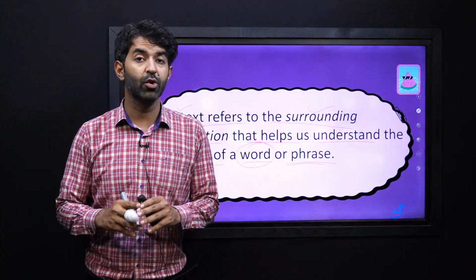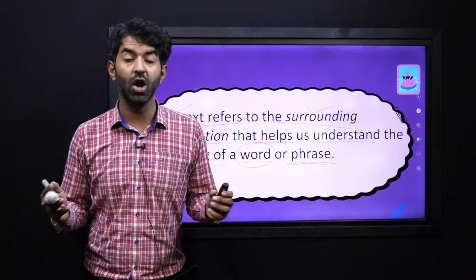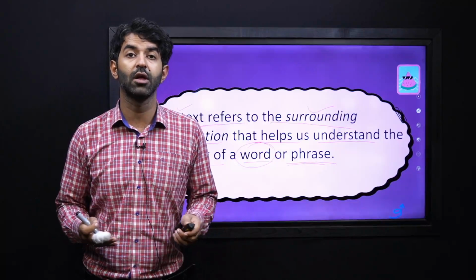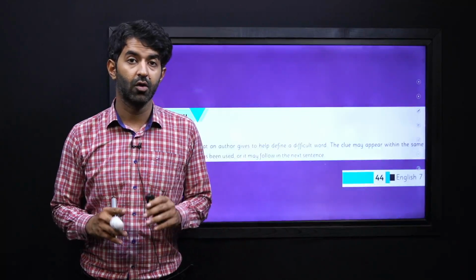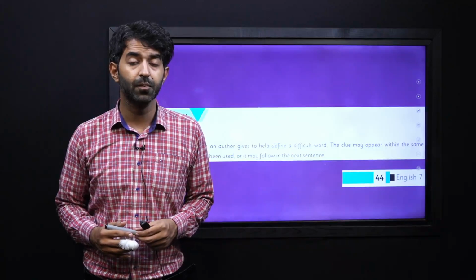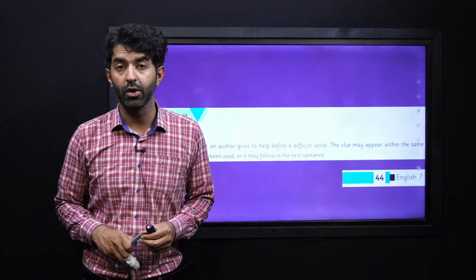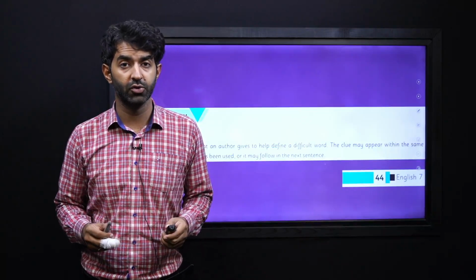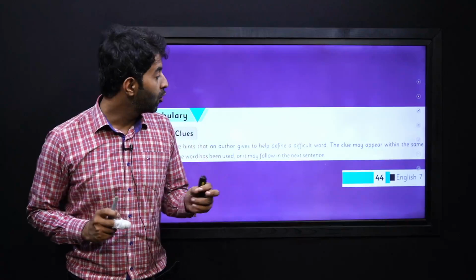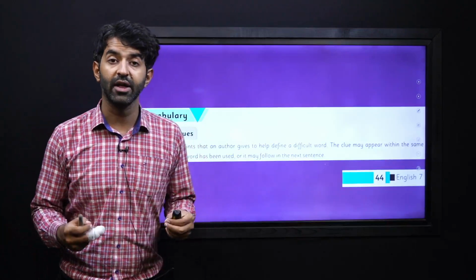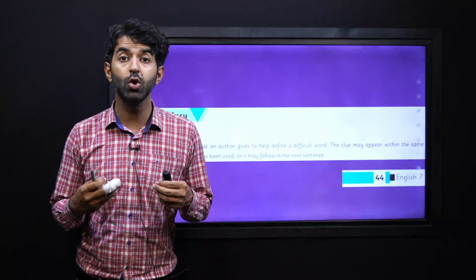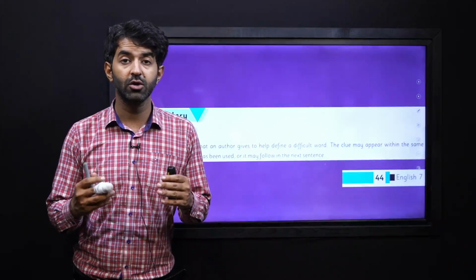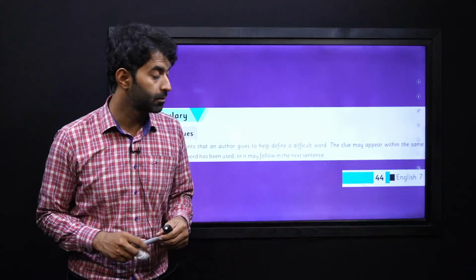So we have to look at the whole context, and context means the surrounding information. Now we are clear about the context. Context is very important when you are finding an unfamiliar word's meaning or explanation, and for that purpose we use contextual clues. Clues are hints that you get in order to reach the right meaning.